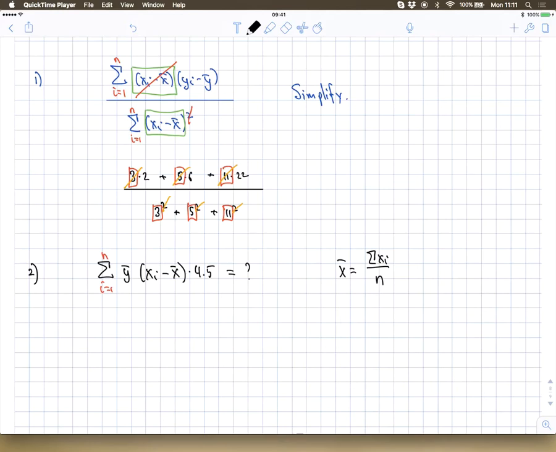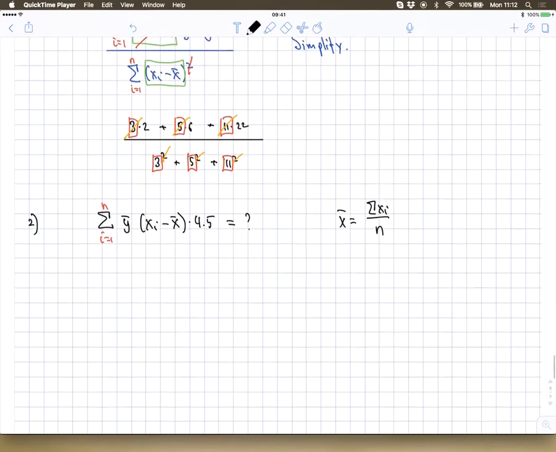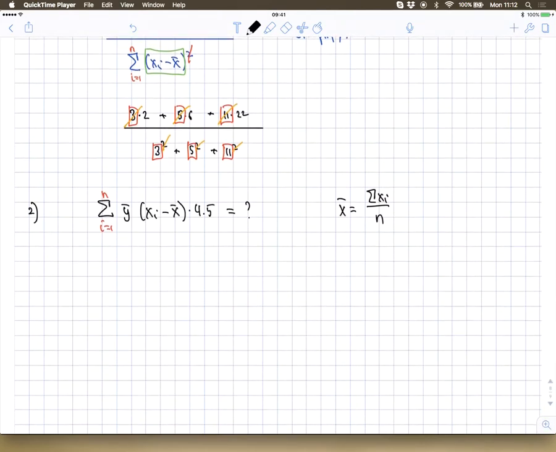Anyone else has a different answer? Anyone else has an answer for this? That it's a lot simpler? Okay, let's do this together.